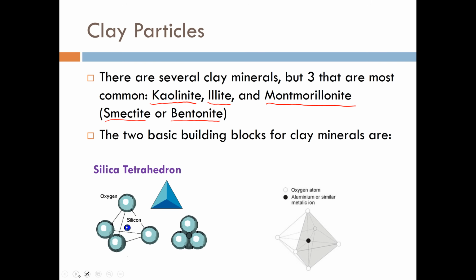The second building block is what we call an octahedron, usually an aluminum octahedron, though it doesn't necessarily need to be aluminum. It could be any metallic cation like magnesium or sodium, for instance. These two molecular building blocks comprise all clay minerals that we know of.